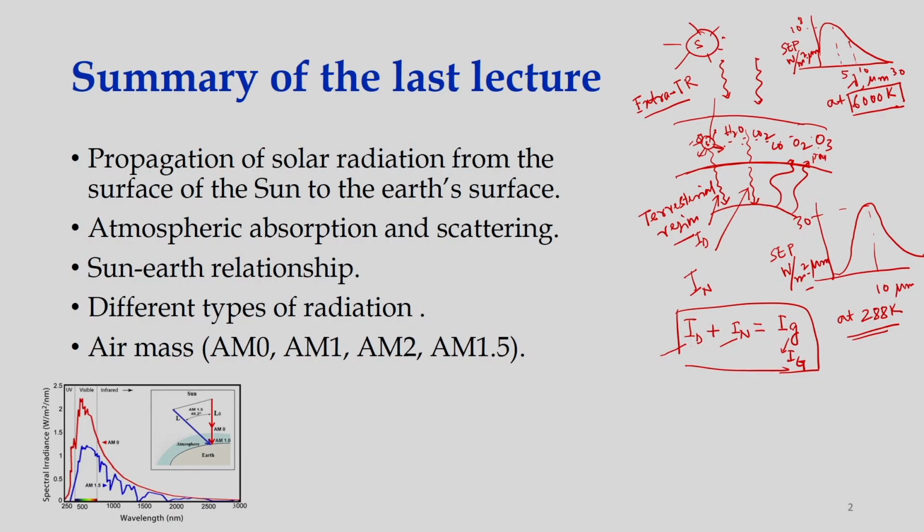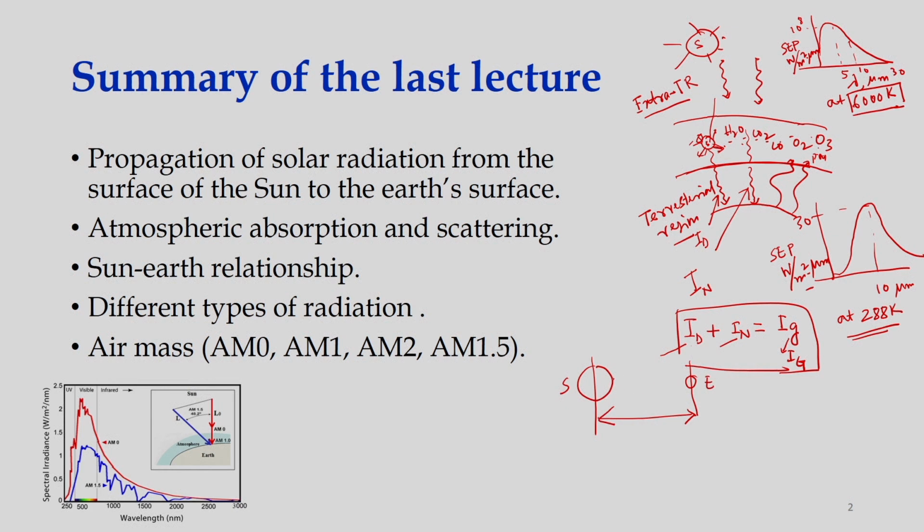Also, we studied in the last class the relationship between sun and earth: how solar radiation is propagated from the sun to the earth, and the average distance between sun and earth.